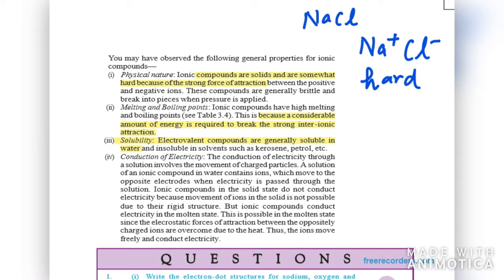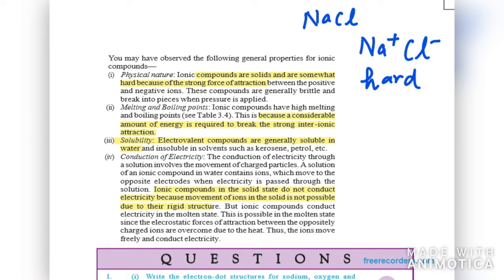Then the fourth one is conduction of electricity. Now, one important thing here is that ionic compounds in solid states do not conduct electricity because there is no movement of ions in it. Now, if this ionic compound is in liquid state, then they can conduct electricity. It is also known as molten state.